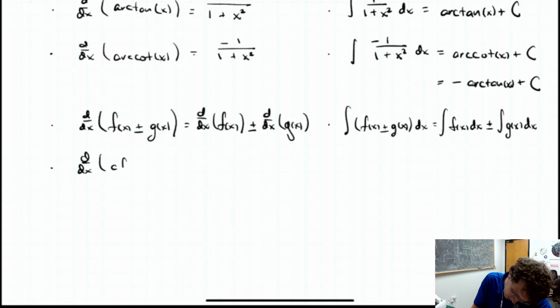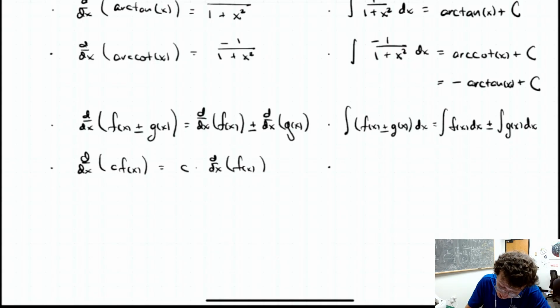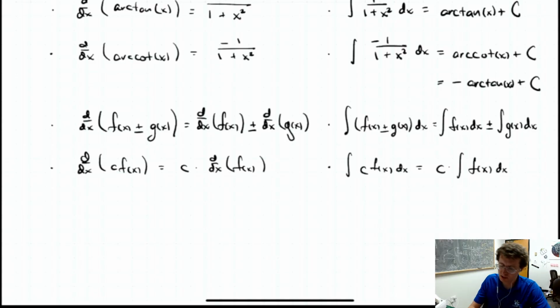The derivative of a constant multiple is that constant multiple of the derivative. Constant multiples come outside of derivatives. They also come outside of integrals.